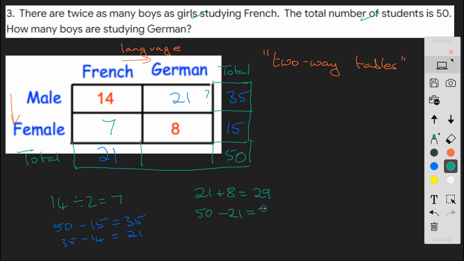Well, that also comes out as 29. Now, once those come out the same, then that is my check that I must have done my calculations okay. So I can now be happy that my answer of 21 is correct.